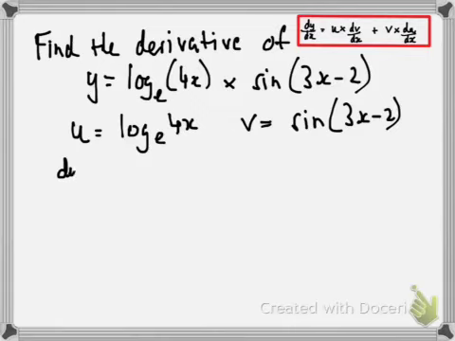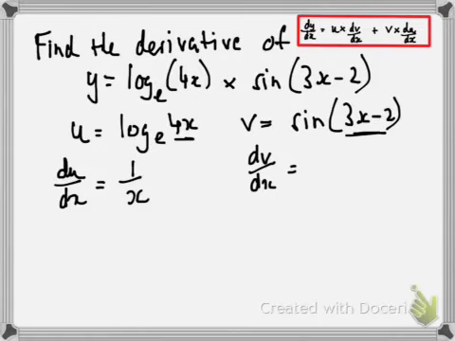Okay, so du dx equals the derivative of 4x, which is 4 over 4x, and we should know by now, in fact, that the derivative of log of anything x to the base e is just 1 over x. Okay, so we would have got it the long way anyway, but it's 1 over x. dv dx, derivative of sine is cos, so we get the derivative of 3x minus 2, which is 3, cosine, bracket stays the same.